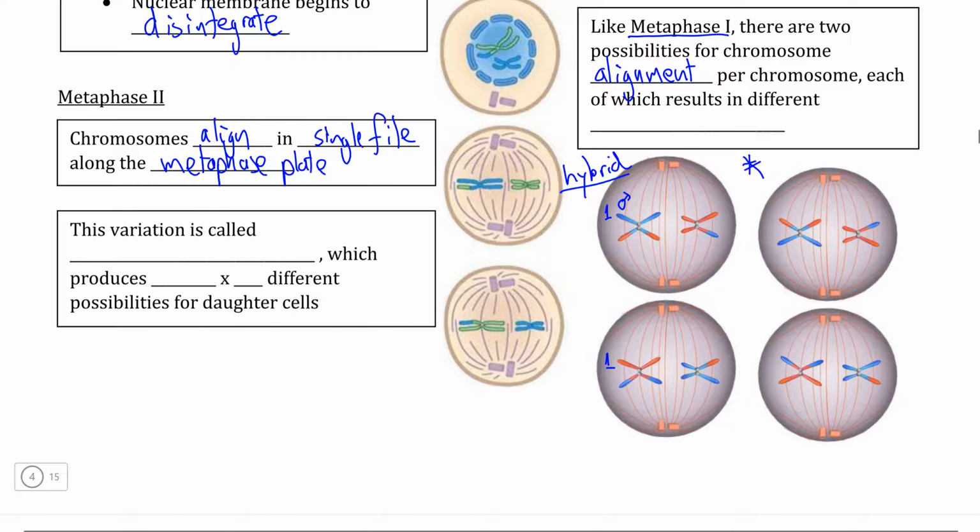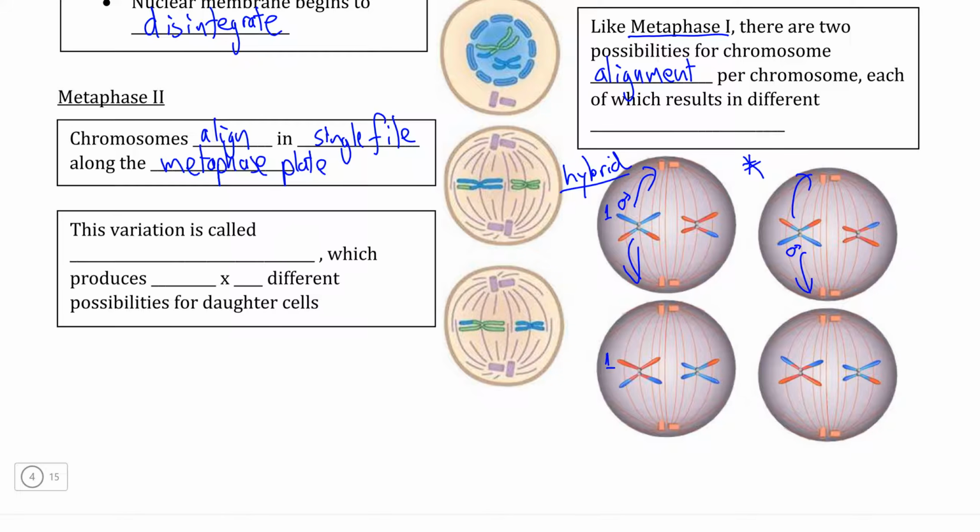Now, this chromosome, this homologue, does not actually need to align like this. Instead, the mostly paternal half can align on the bottom, with the hybrid half aligning on the top like this, where the two copies of the chromosome would separate differently depending on which half is on the top or the bottom.